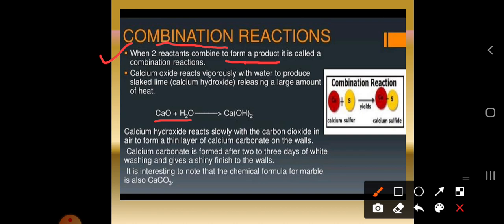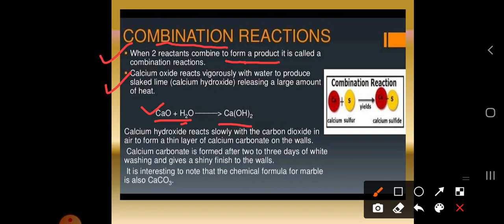Here is one of the examples: calcium oxide reacts vigorously with water. This is calcium oxide, CaO, which reacts with the water to produce slaked lime. This is the formula of slaked lime, that is calcium hydroxide.